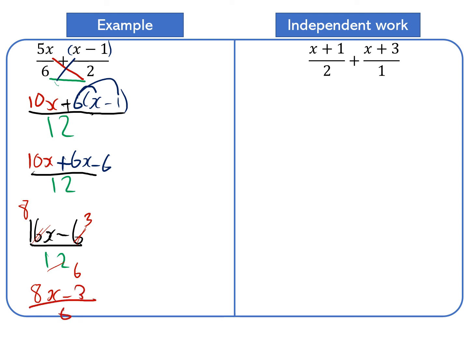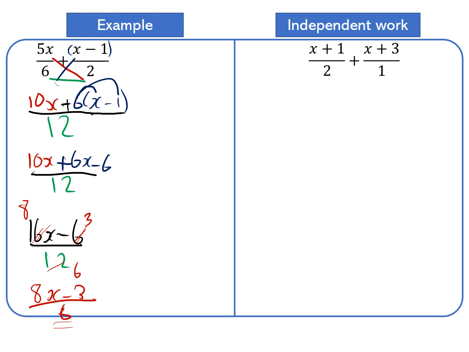All over 6. Now I can't divide 3 by 3, even though I've got 6 there, because the 8 doesn't have a common factor of 3. Another way that can be done, and that's important if you've got algebraic expressions, is I could have placed that 16x minus 6 into a bracket.